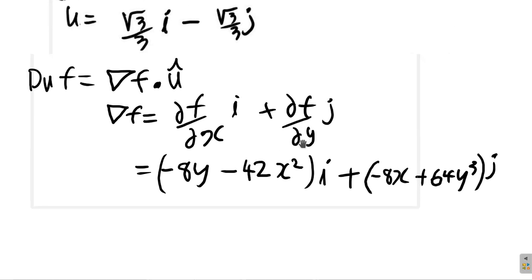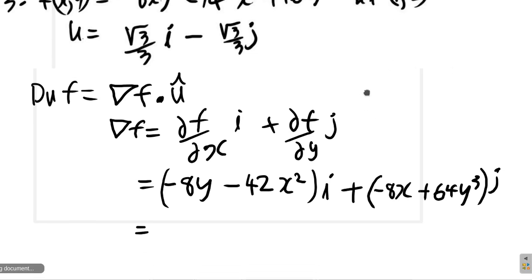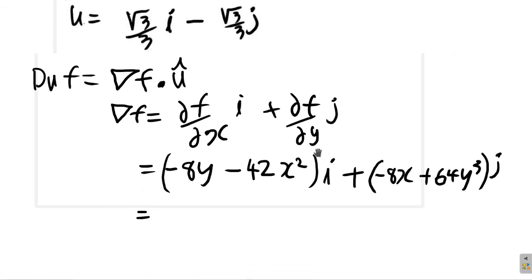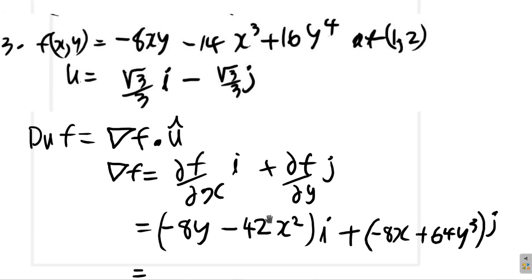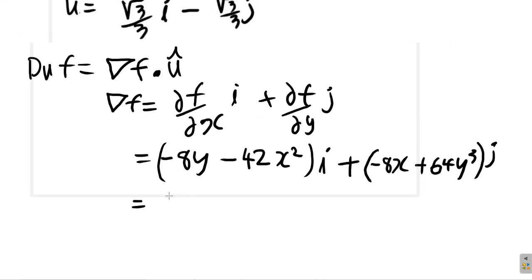Alright. I'm going to substitute the numbers x equal 1, y equal 2 in it from now, instead of writing all of this big monstrous expression again. A lot of things to write here, quite big and monstrous. So I'm going to reduce it. x equal 1, y equal 2.